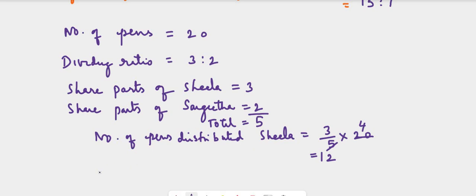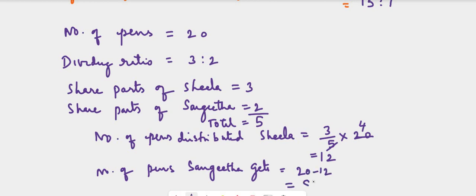So remaining number of pens will Sangeeta get. It is equal to 20 minus 12, that is equal to 8, or you can do it another way also.